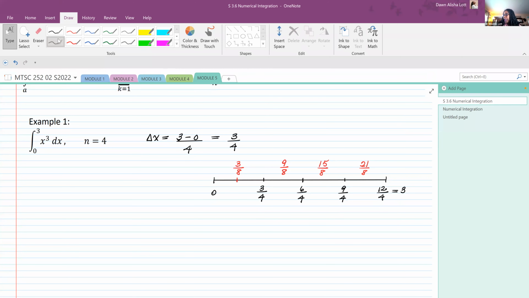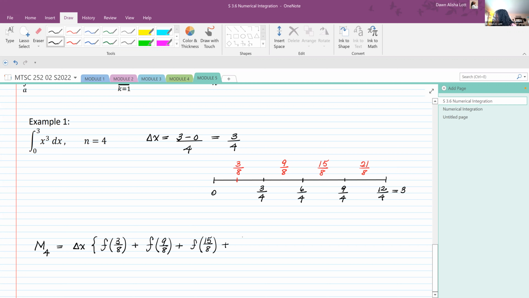So my formula says, in order to find M4, which is the approximation to that integral, I have to take delta x times the sum of these. So I need f of 3/8 plus f of 9/8 plus f of 15/8 plus f of 21/8.